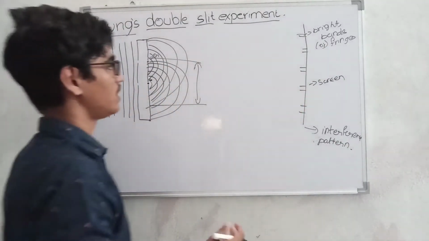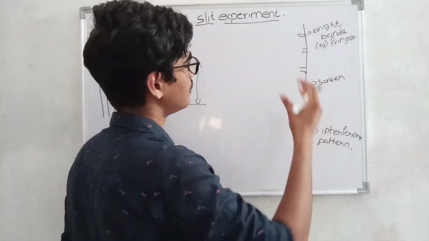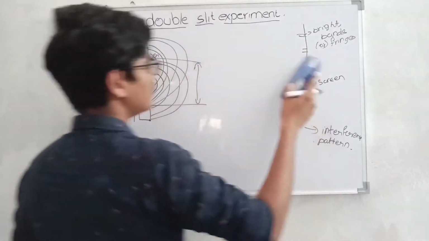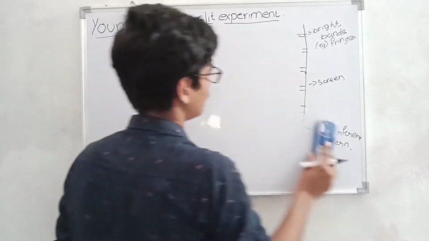Then I want to explain where the bright fringe is formed and where the dark fringe is formed through another process.